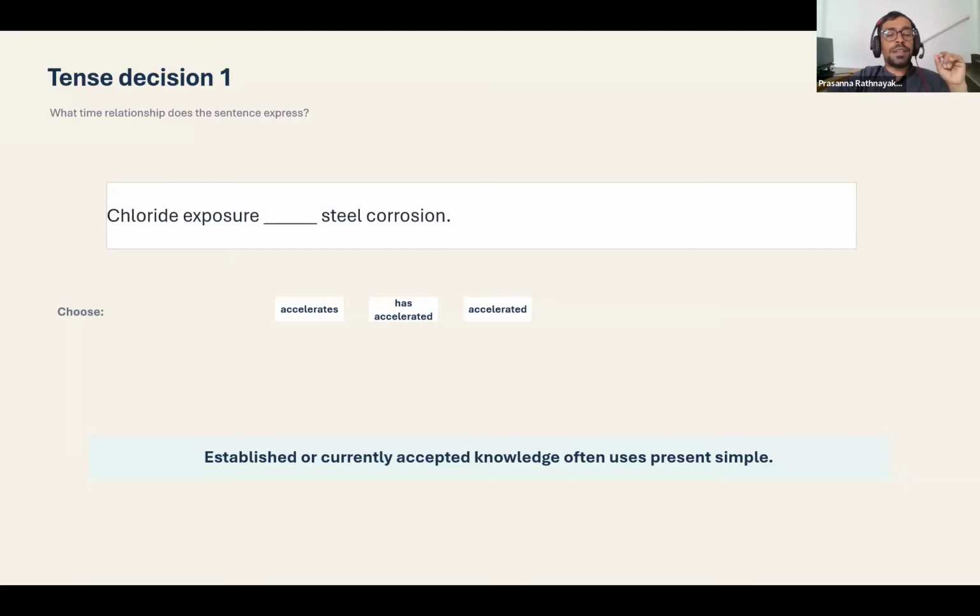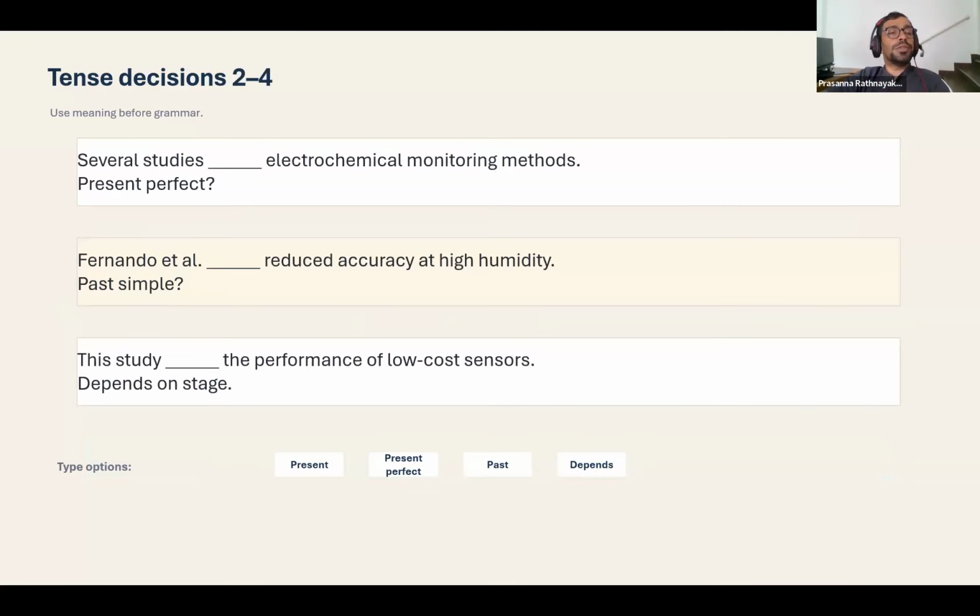So let's move one step further. Tense decisions two to four. Use meaning before grammar. Now we do three tense decisions quickly, all right? Look at the first.